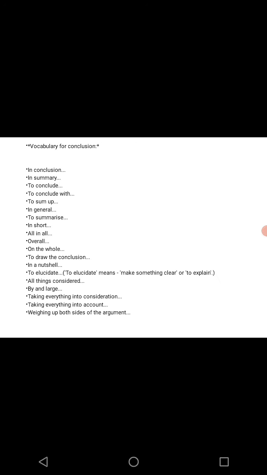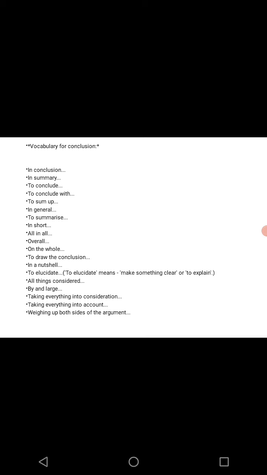Vocabulary for conclusion. In conclusion, in summary, to conclude with, to sum up, in general, to summarize, in short, all in all, overall, on the whole, to draw the conclusion, in a nutshell, to elucidate.